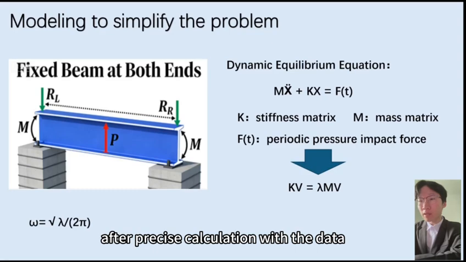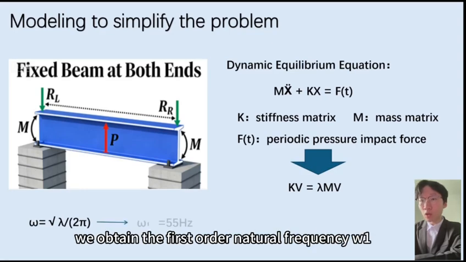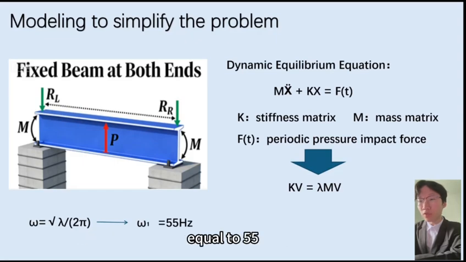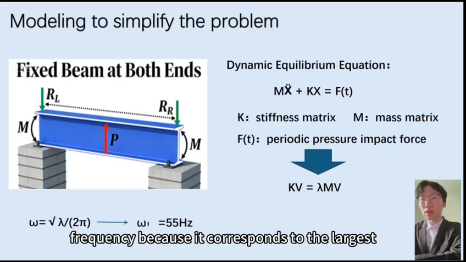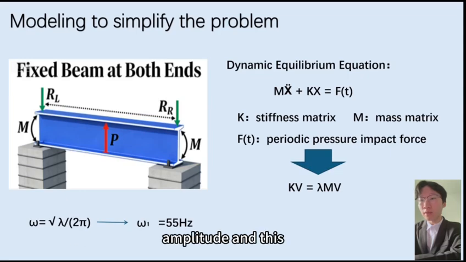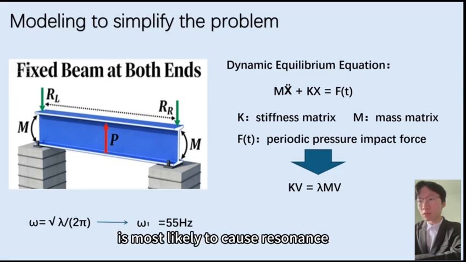After a precise calculation with the data, we obtain the first-order natural frequency omega-1 equal to 55. This is the most critical frequency because it corresponds to the largest amplitude, and this is most likely to cause resonance.